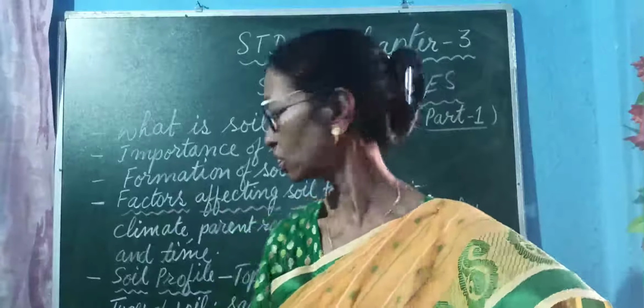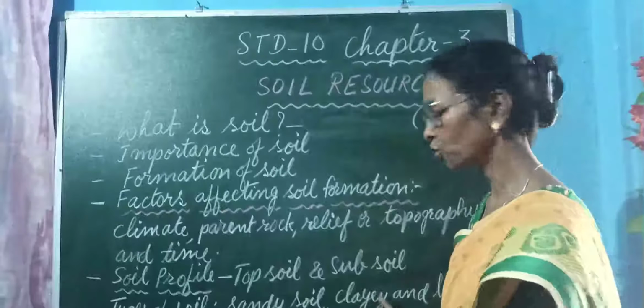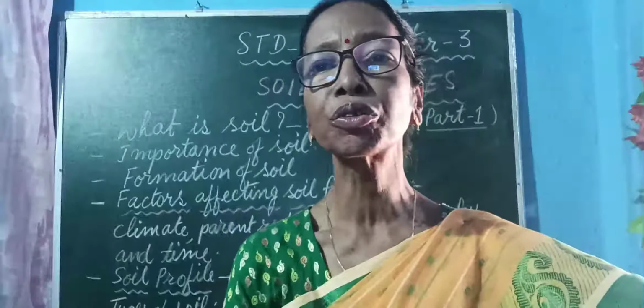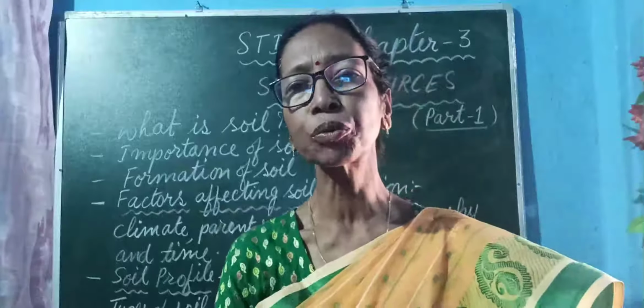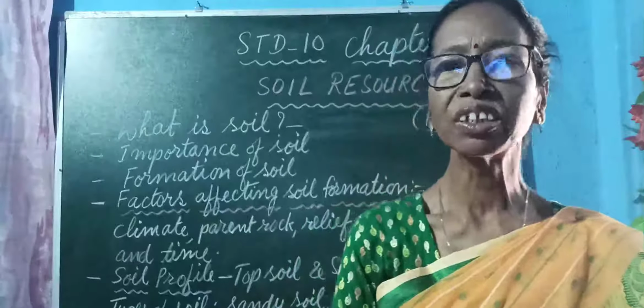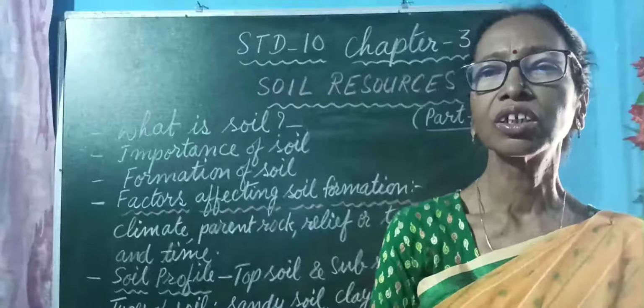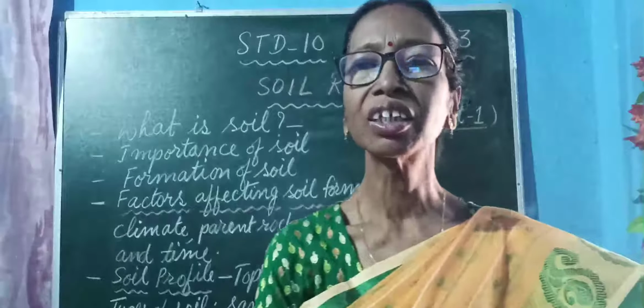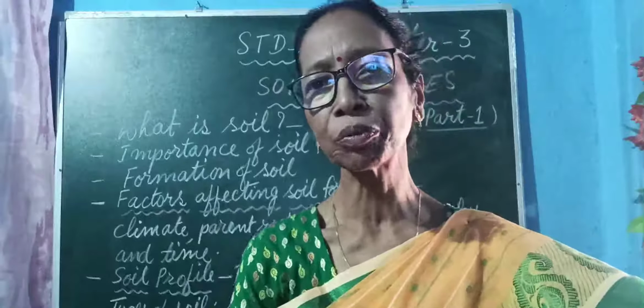And there is clayey soil, which has a high content of clay and that supports plant life. But when there is more water, it becomes sticky and there is a water logging problem.